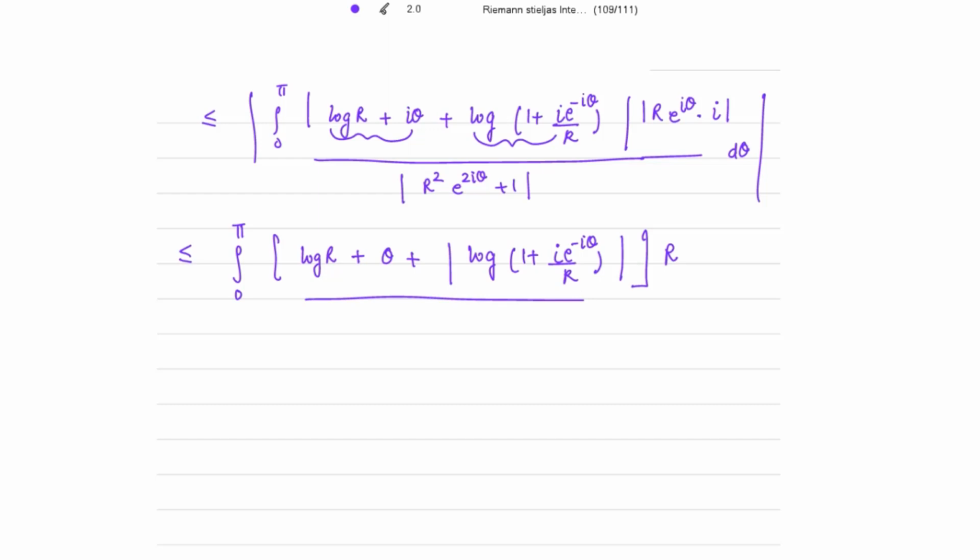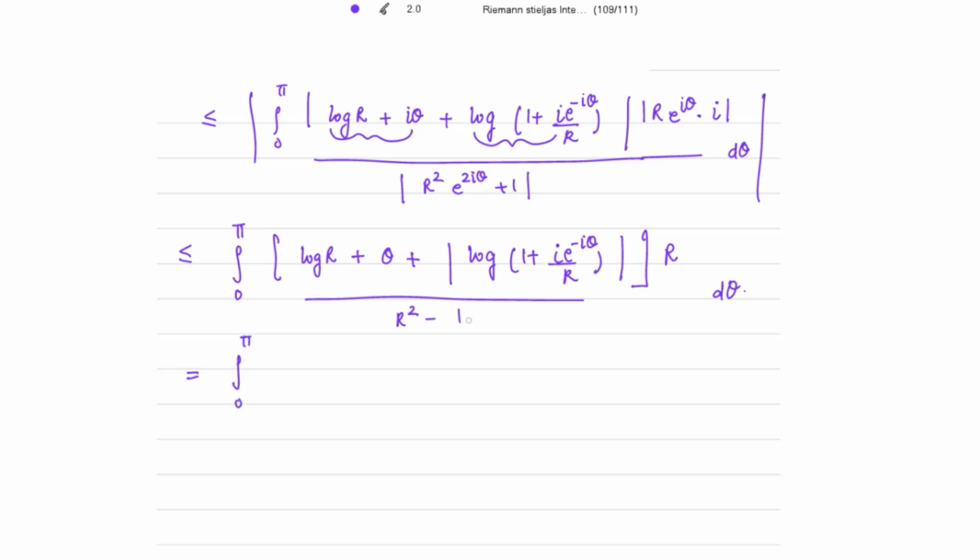Over. Now because the mod is in the denominator, that is 1 over mod of a plus b, which is less than or equal to 1 over mod of a minus mod of b. So mod of a, this is r square, minus this is already 1, right? And then this is further equal to 0 to pi.